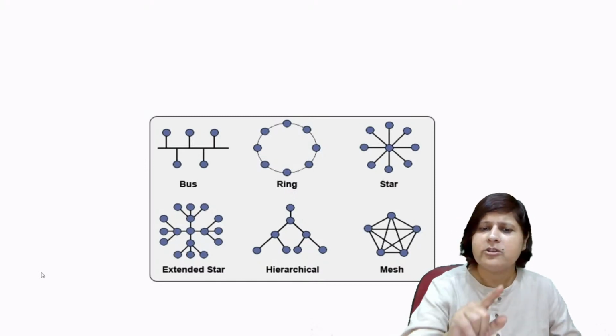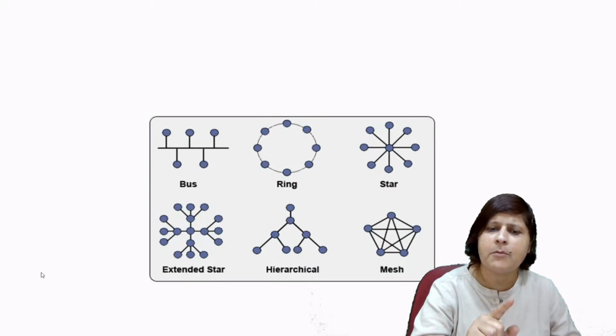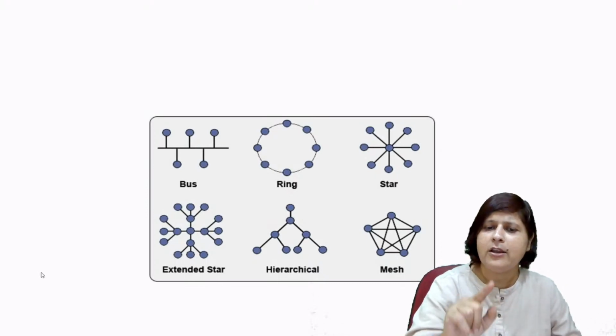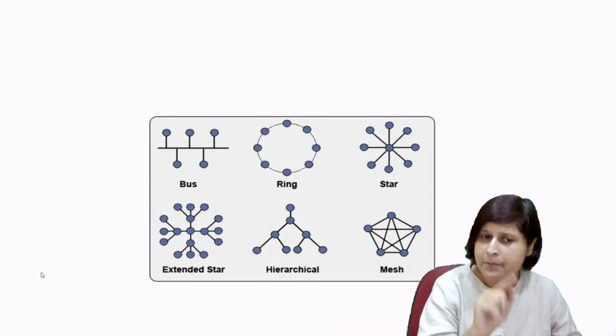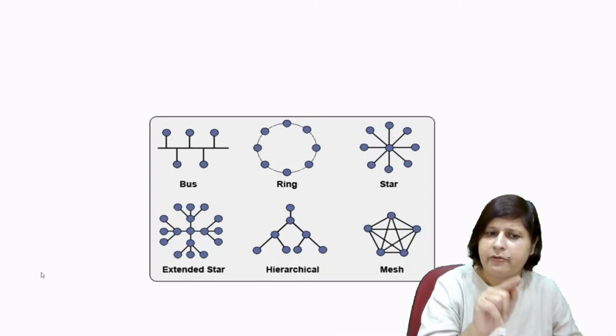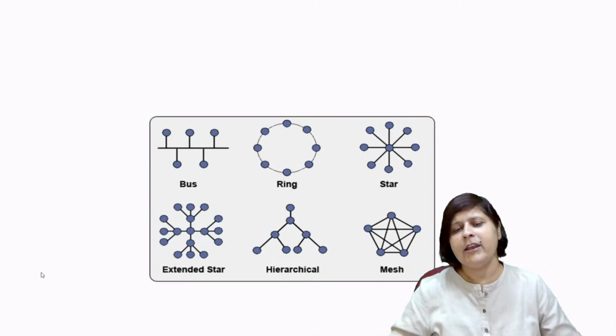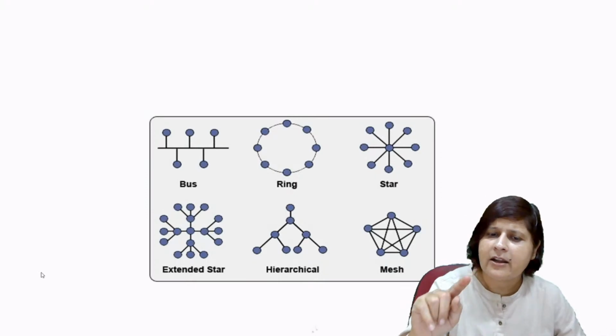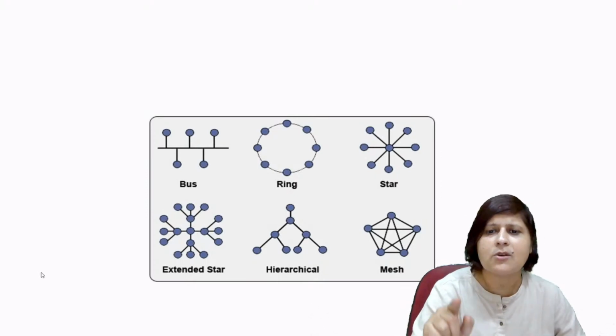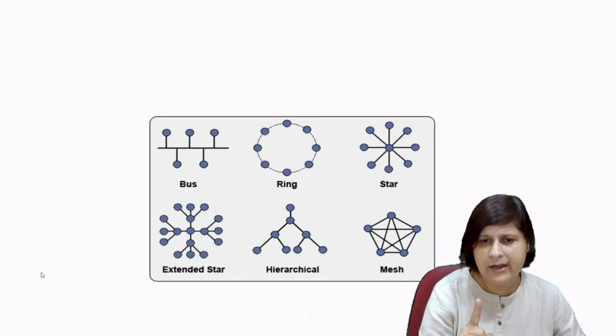A ring topology is when you arrange your systems in a ring. In bus topology, data flows from 1 to 2 to 3 to 4, in a sequential way. In ring topology, data flows either clockwise or anti-clockwise in one direction.